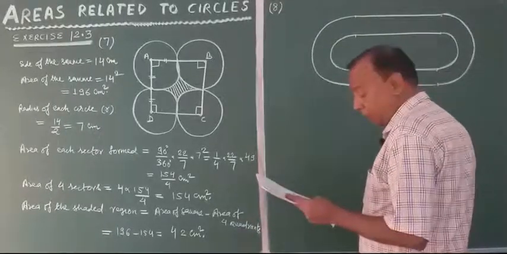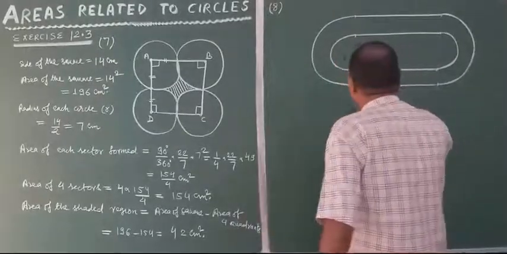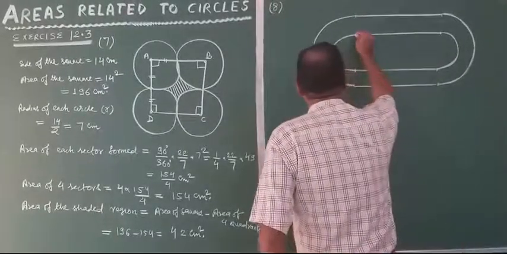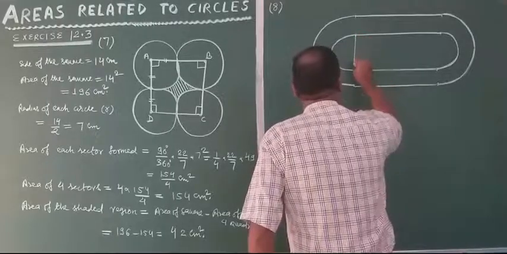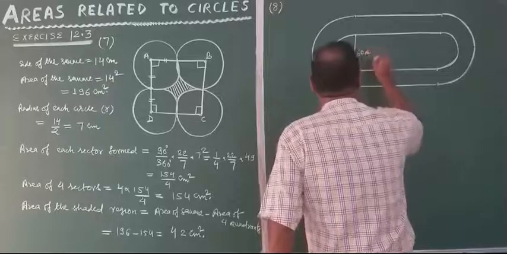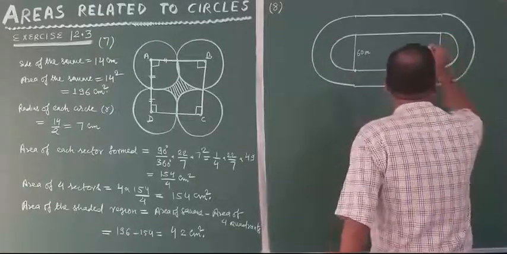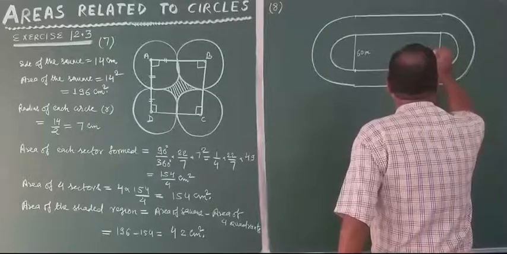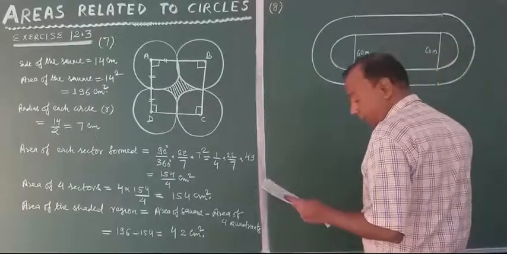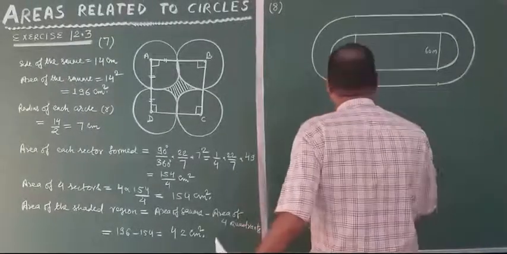The distance between the two inner parallel line segments is 60 meter. This is given, 60 meter, and they are each 106 meter long.